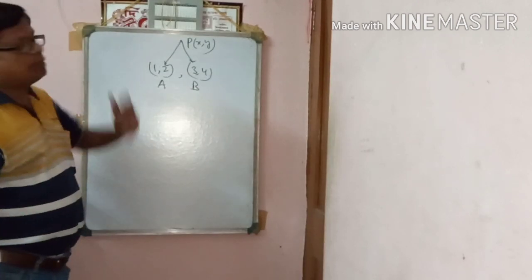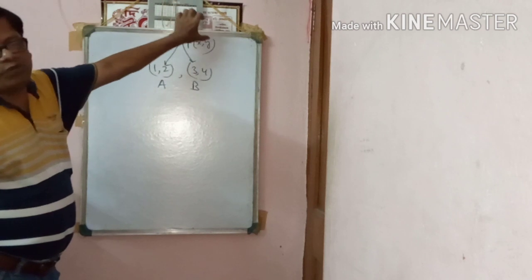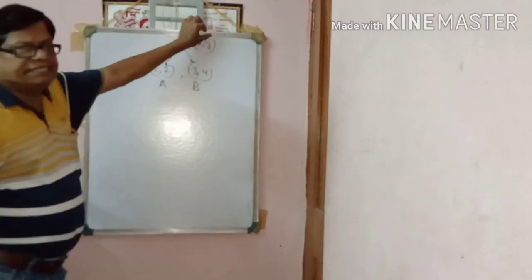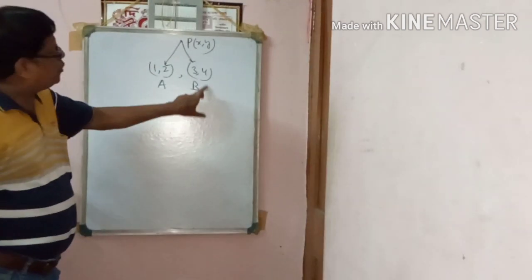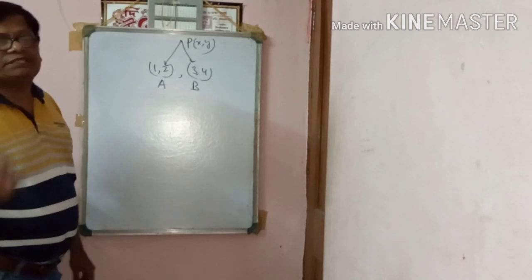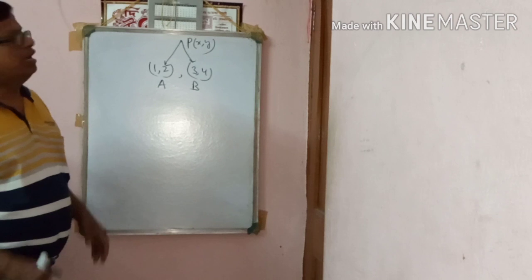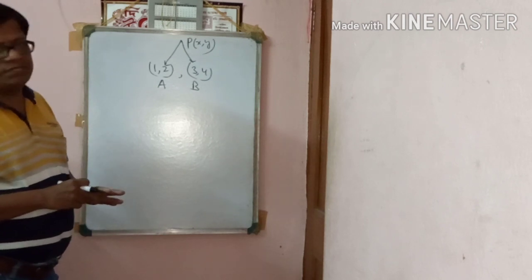Then find the locus of the point P. Okay? A point P(x, y) moves in such a way that the distance from the point A and the distance from the point B is the same. Then what is the locus of the point P? Okay, find the equation of the locus.